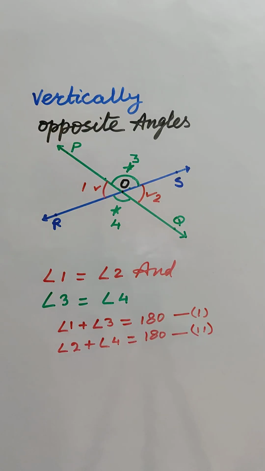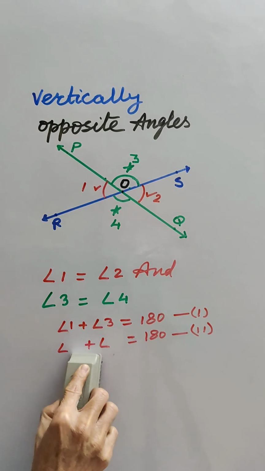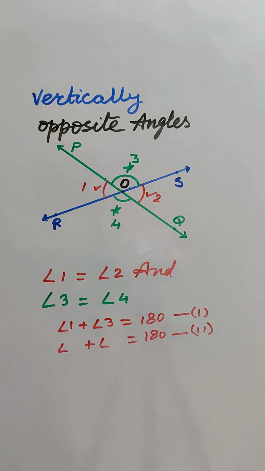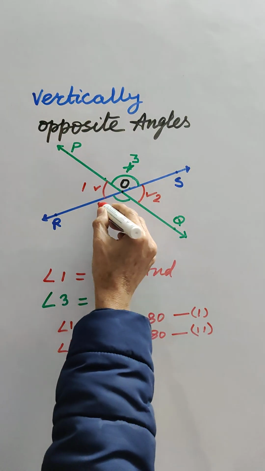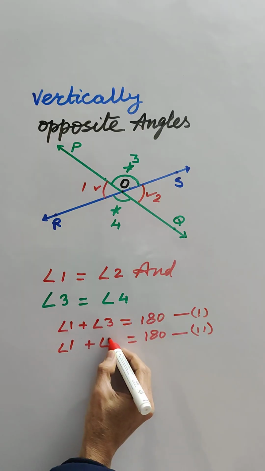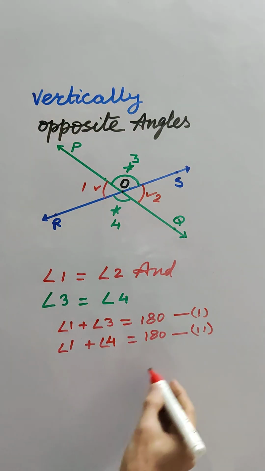Now comparing first and second, angle 1 plus angle 3 is 180 degrees, angle 1 plus angle 4 is also 180 degrees.